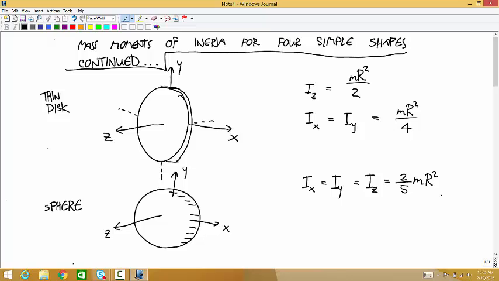And that is the final reason, underneath a bunch of other stuff, why if you start a disk and a sphere at the top of an incline and roll them down together, the sphere will get down to the bottom faster. It has a lower moment of inertia than the disk rolling like a wheel.